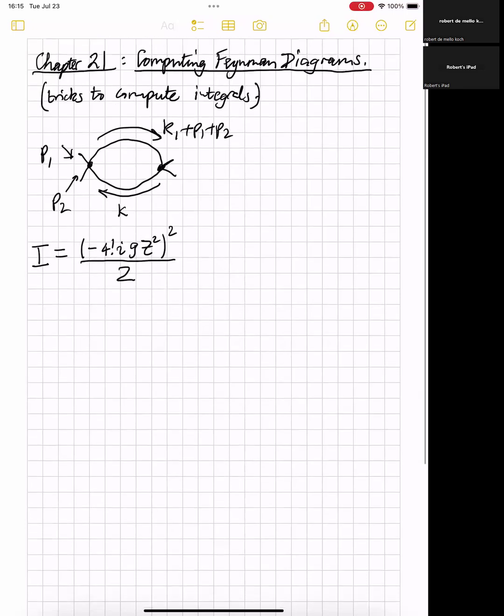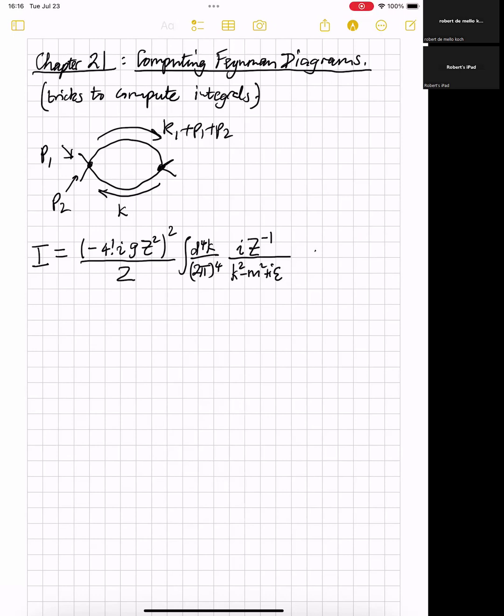Good. Then we have to integrate over the loop momentum. So we'll have an integral d4k over 2 pi to the 4. I am not going to worry about the external lines. They're irrelevant for learning how to do the integral. And for the application that we're interested in, which is to apply to the matching condition, we drop the external lines anyway. For the first line, we get i, Z inverse, and then we've got k squared minus m squared plus i epsilon.